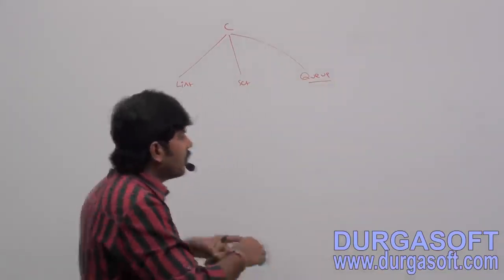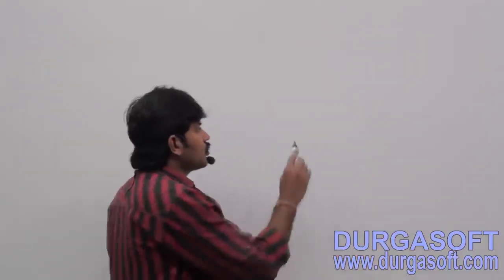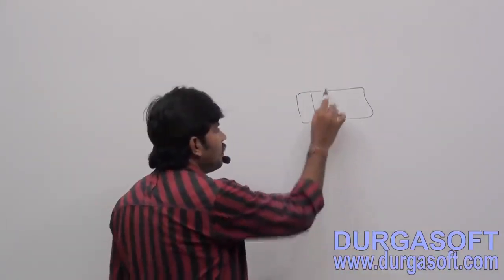When should we go for queue? Prior to processing. If I want to store a group of objects before processing, then we should go for the queue concept, right? Best example I even covered: I want to send one SMS message to 1 lakh members with some update. All 1 lakh mobile numbers I have to store somewhere in my data structure.